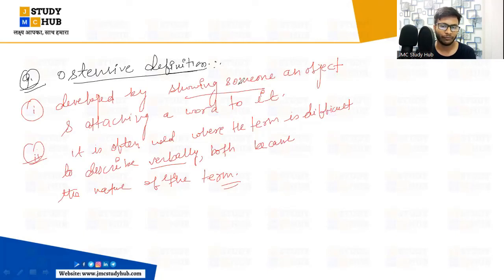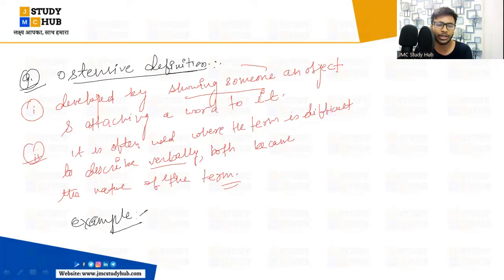You are not describing verbally, you want to explain the meaning by indicating it in the form of a sign. This is what the ostensive definition is, right? Everybody, give an example of an ostensive definition, where you are showing someone an object and attaching a word to it, but it is not spoken.